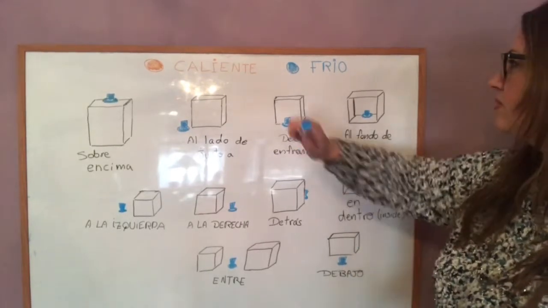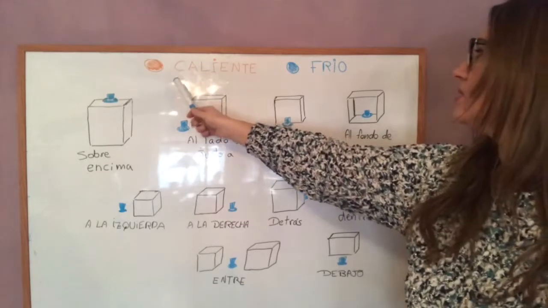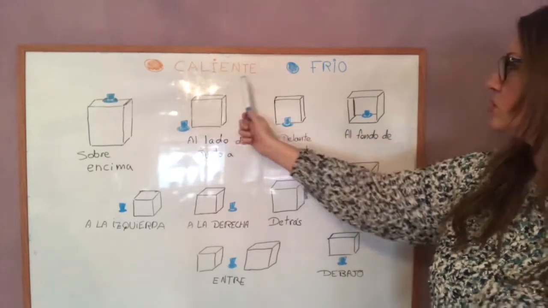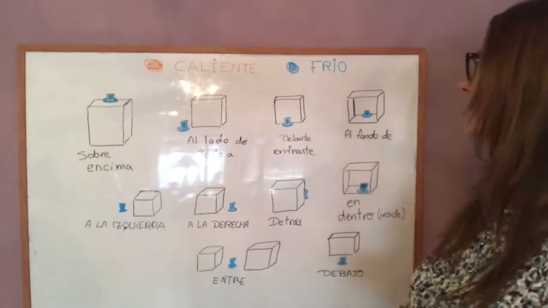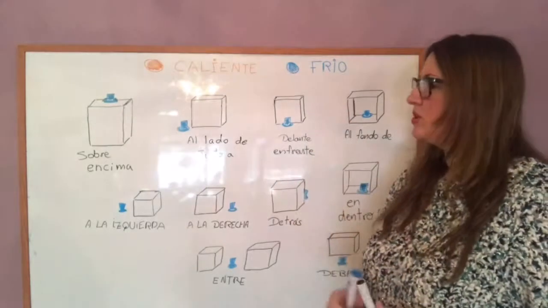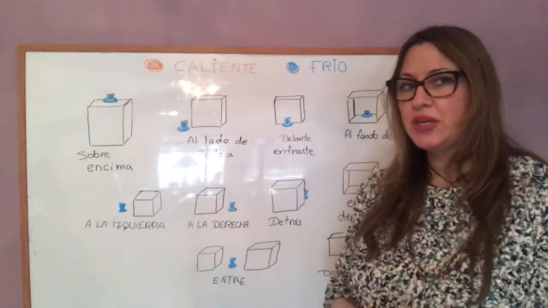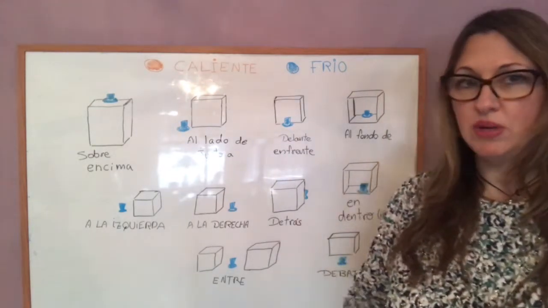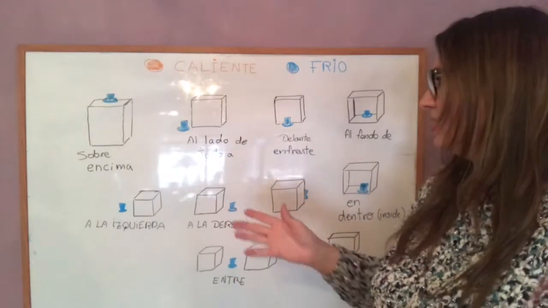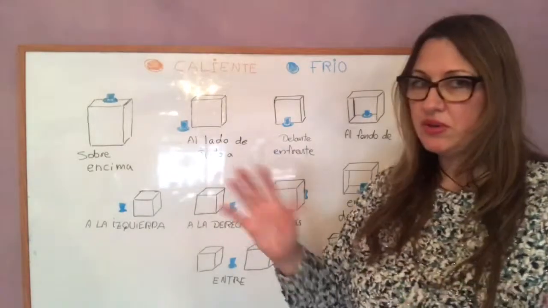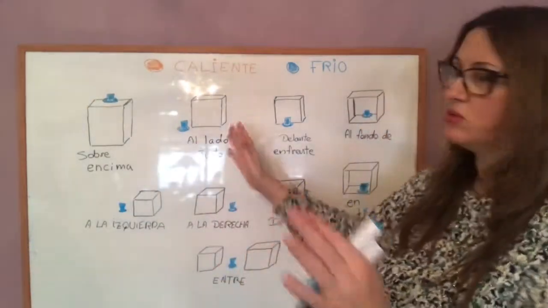And up here, these two words that I have written say caliente, which means hot, and frío, that means cold. This is something I have drawn because you can maybe try playing a game around the house or in a park, hide things and give the other person instructions, telling them whatever it is that you've hidden is on top of whatever thing, or it's next to something.